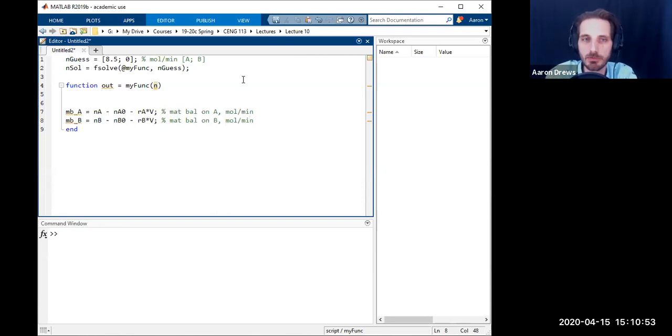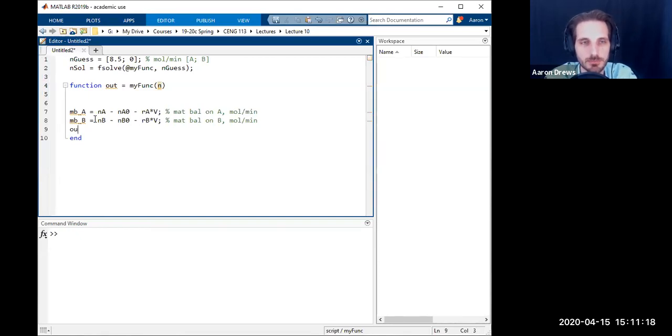So why did I write it that way? I wrote it that way because I don't have to think very hard about whether or not that's right, and I don't have to try to troubleshoot that very much in order to figure out that it's right. I can take that one simple small equation and go look at equation 4.1 and verify that I've written it correctly. Those have to be equal to 0 when the problem is solved, and the syntax for that is that these have to become the outlet, or the output variables.